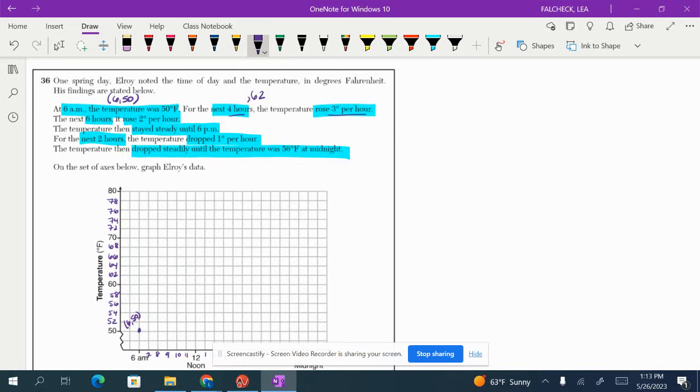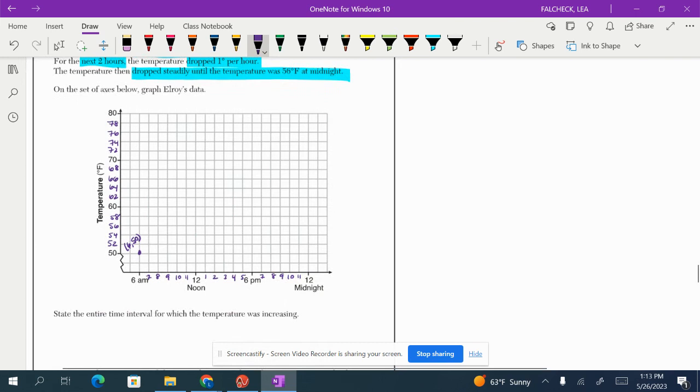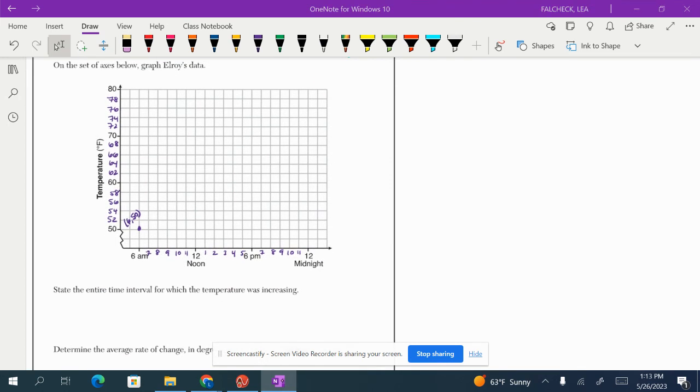And if it started at 6 a.m. and it goes for 4 hours, we're going to be going to 10 a.m. So we've got 10 a.m., 62 degrees as our next point. So we're going to go ahead and connect a nice smooth line. Use your ruler. Obviously, I can't because I'm on the computer, but a nice smooth line from 6, 50 to 10, 62.